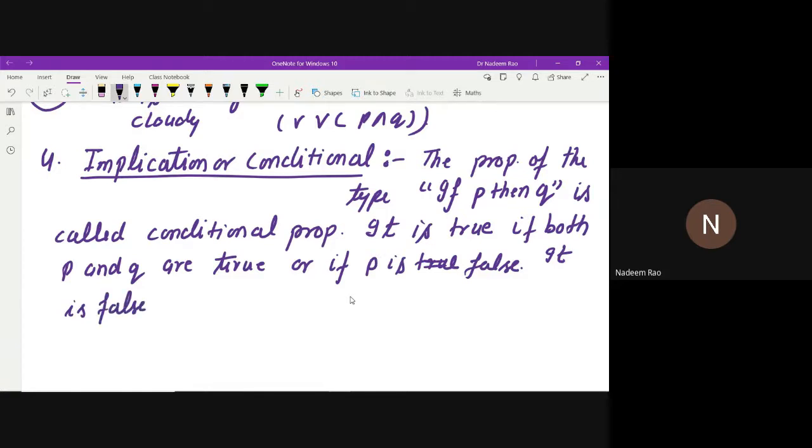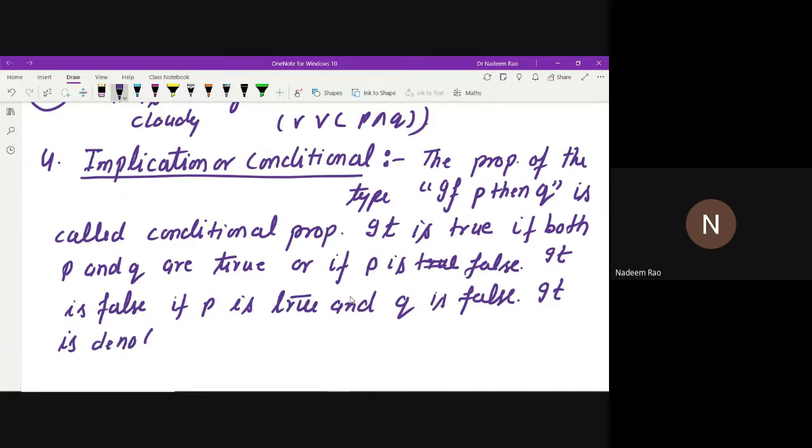It is false if P is true and Q is false. So it is denoted by P right arrow Q.